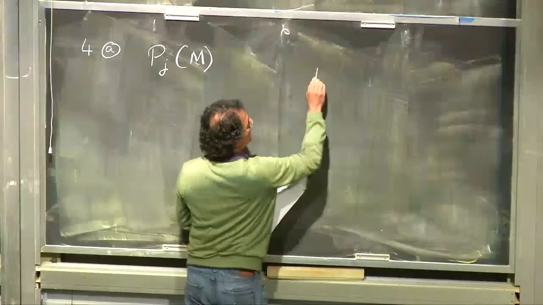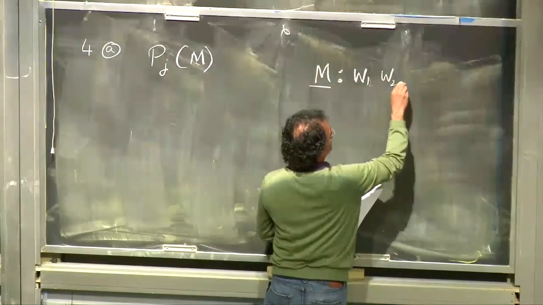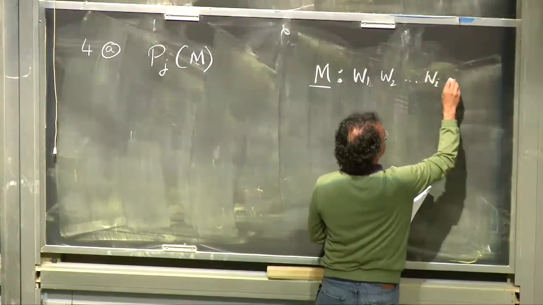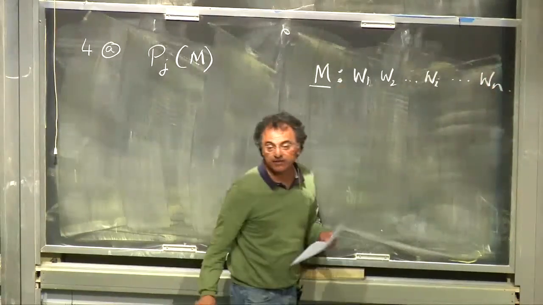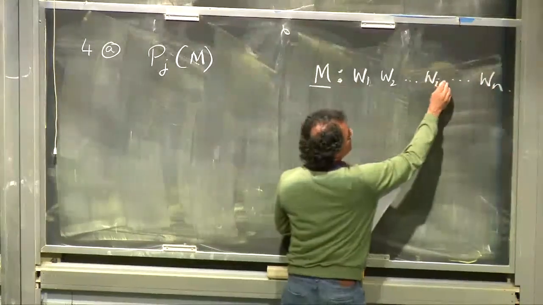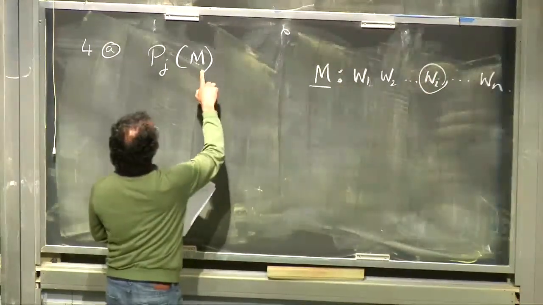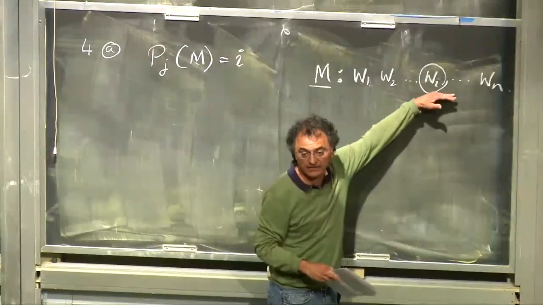So you have M here. He has a list of women, and on the jth day, maybe he's proposing to this woman. So the rank is i. So P sub j of M is i, right? That's who he's proposing to on that day.